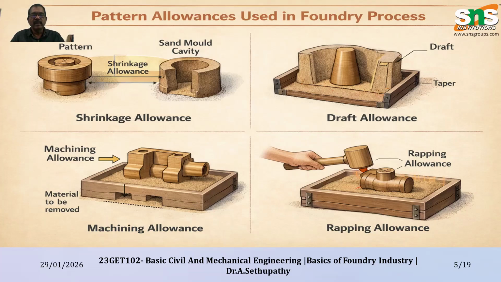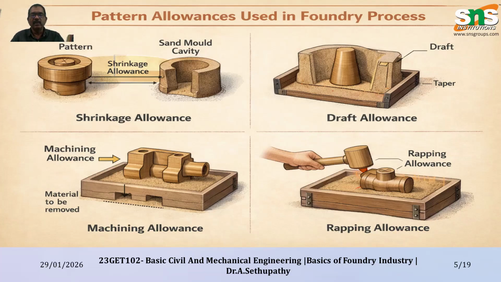So we need extra material to finish a good product. How much extra material we need is given in the pattern sizes. That is called machining allowance. After the casting undergoes machining, we get the exact size.